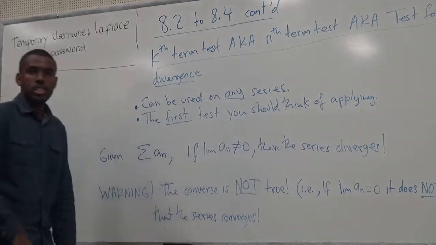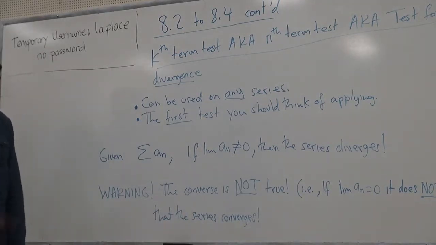It's called the test for divergence because it can only tell you about divergence. You cannot use this to tell if something converges. There are many examples of series where the limit will go to 0, but it doesn't converge.